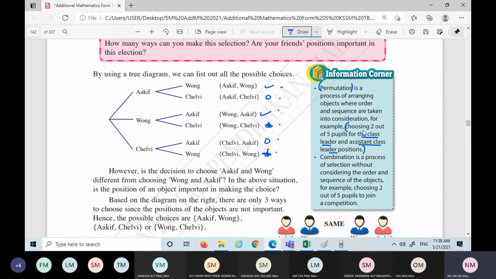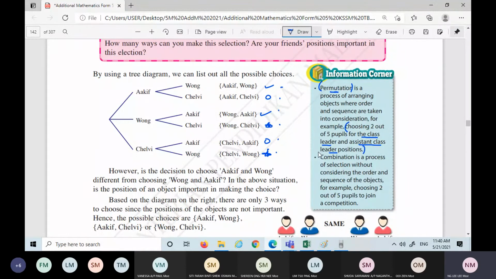Here the arrangement is important, because you can choose A as the class leader and B as the assistant class leader, or you can choose B as the class leader and A as the assistant class leader. They are holding different positions. Therefore, the arrangement of the position is important, and you have to do permutation.